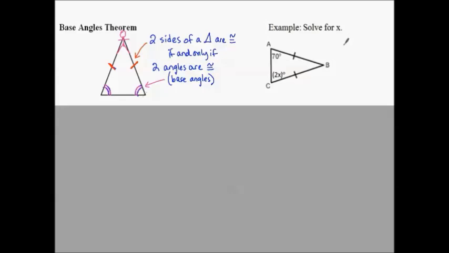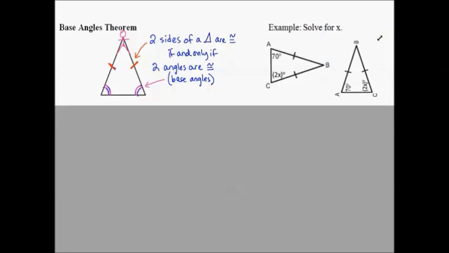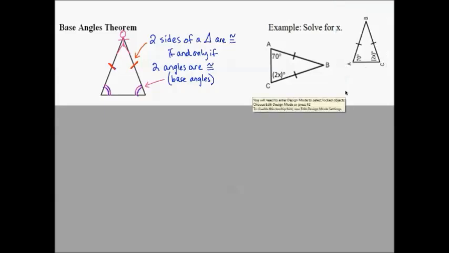So as an example, to solve for x, in this picture I see two sides that are congruent. So I'm going to take my piece of paper and rotate it so that I can see the two congruent sides being the ones that are coming down, like the little man standing up.